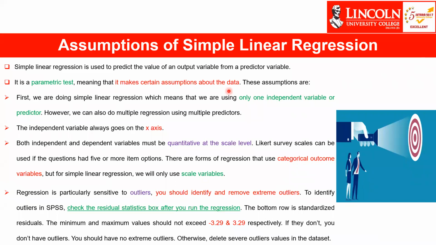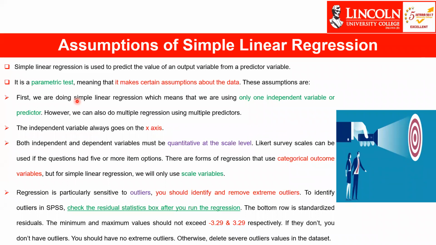These assumptions are, first, we are doing simple linear regression, which means that we are using only one independent variable or predictor. However, we can also do multiple regression using multiple predictors. The independent variable always goes on the x-axis.